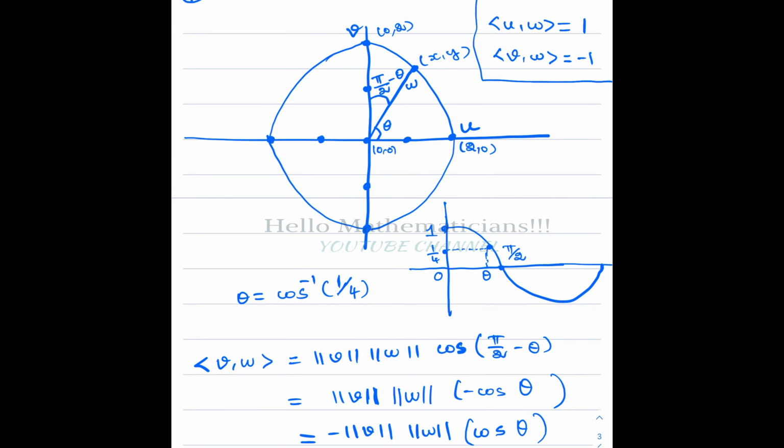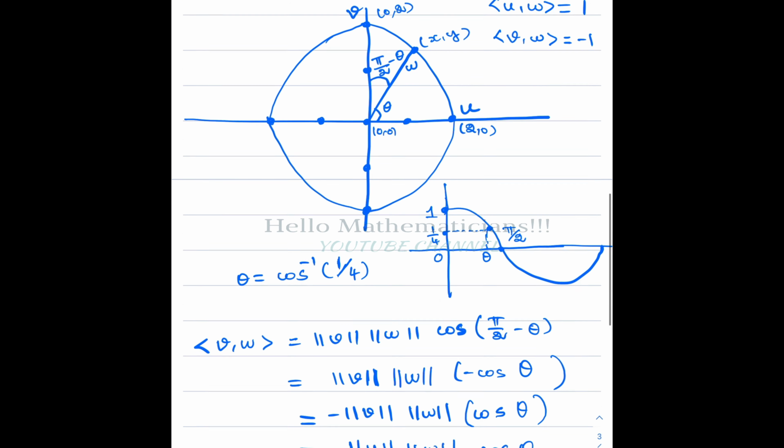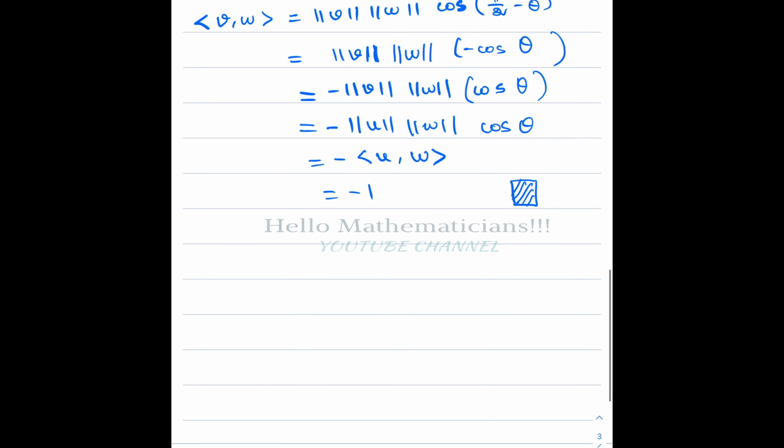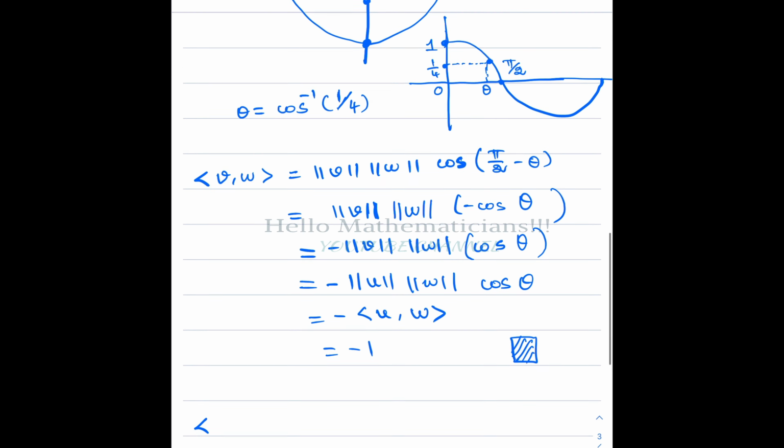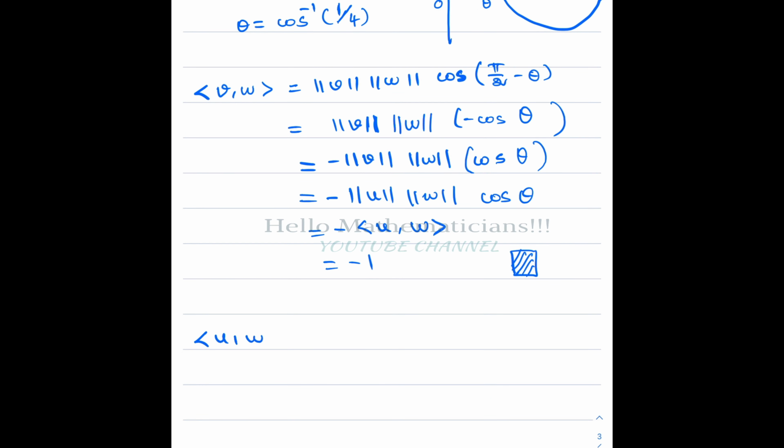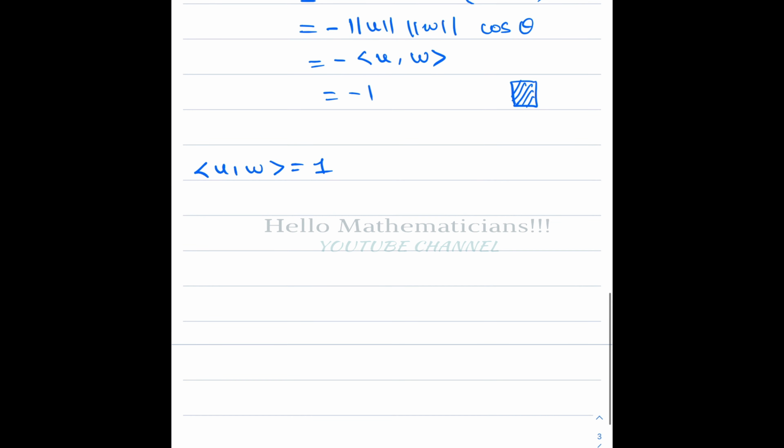Let me write. Now the inner product of u and w should be 1. So what is the definition of the inner product?